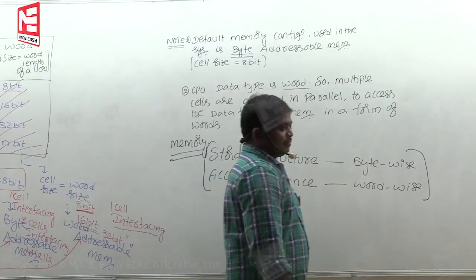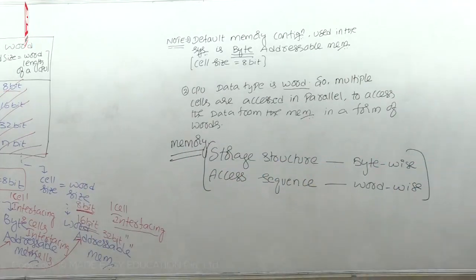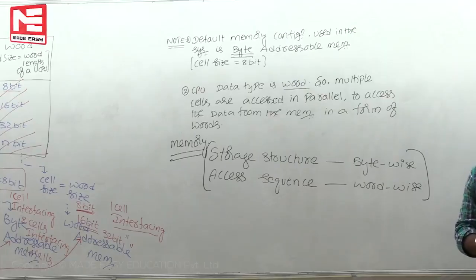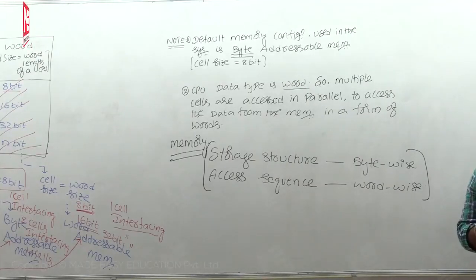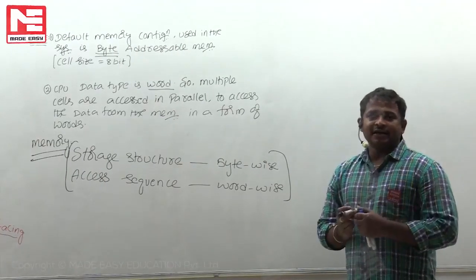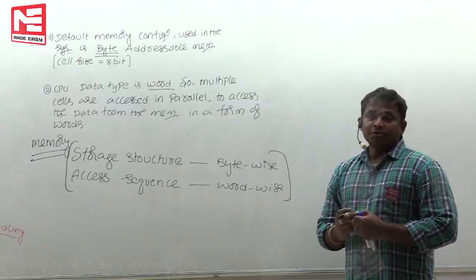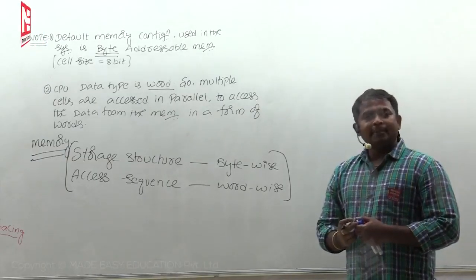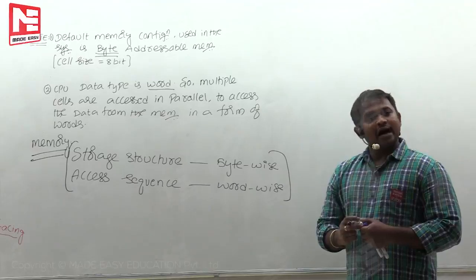But here, when multiple cells are accessed, there may be a problem. That means, suppose multiple cells of memory information are accessed. Data order is a big problem. Which cell contains the lower byte and which cell contains the higher byte, that is an issue. Due to that issue, ambiguity is present in the system. When ambiguity is present, the system becomes unreliable.